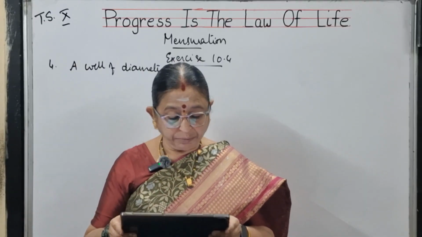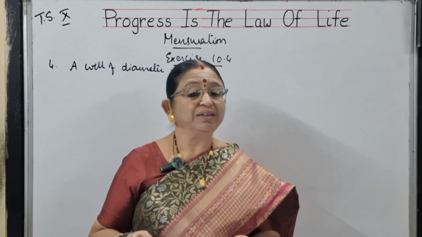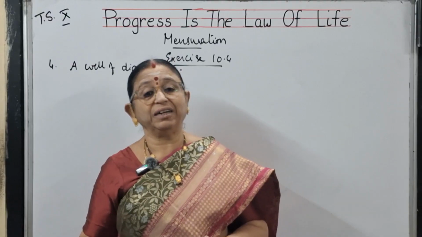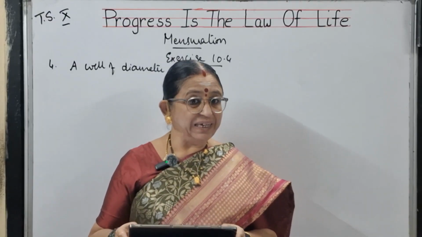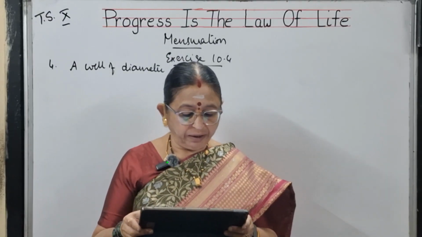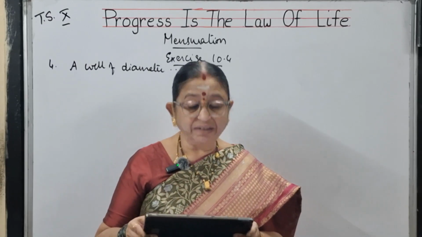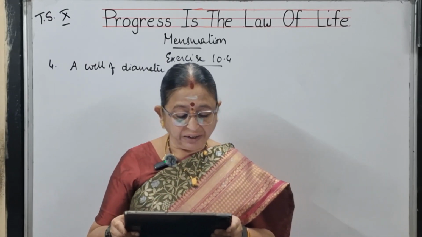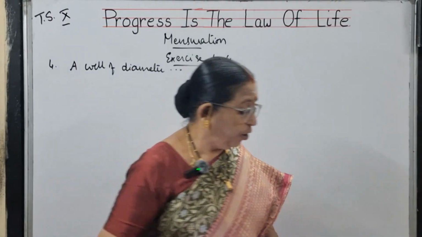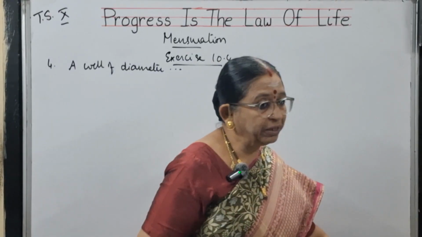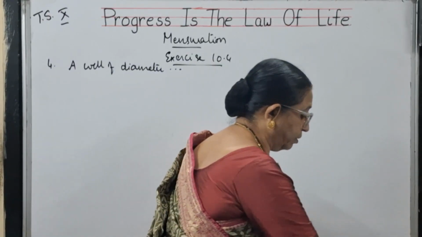So that embankment they made with the earth that they got when digging the well. Now the width of that is 7 meters, and find the height of the embankment. How much height the embankment will be, that you have to find.